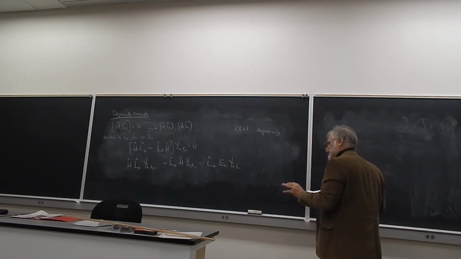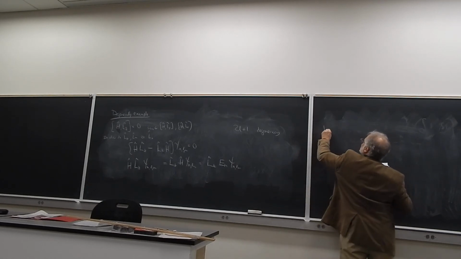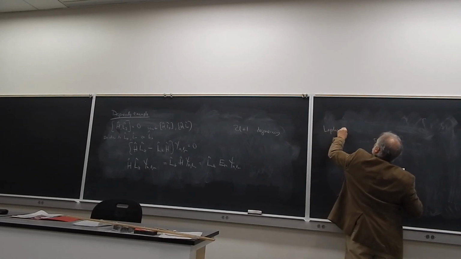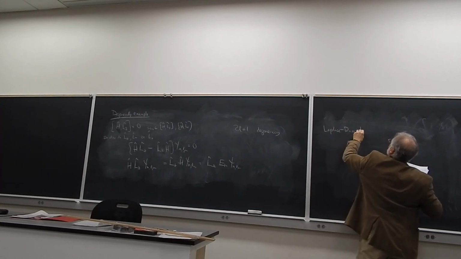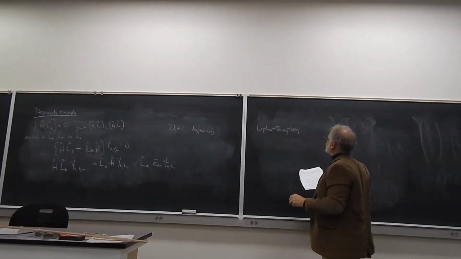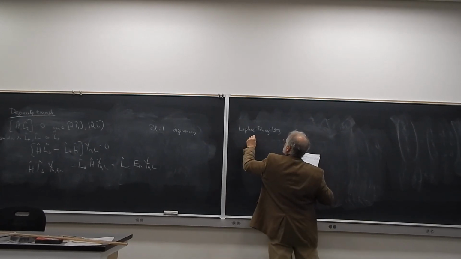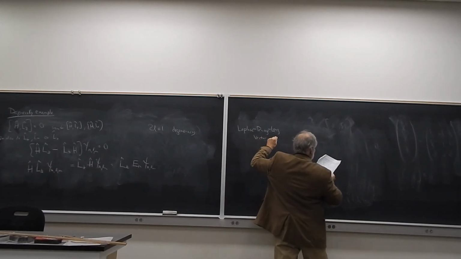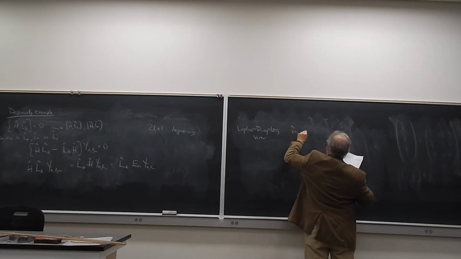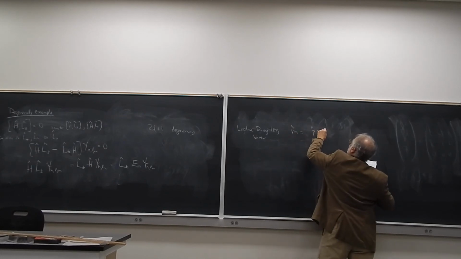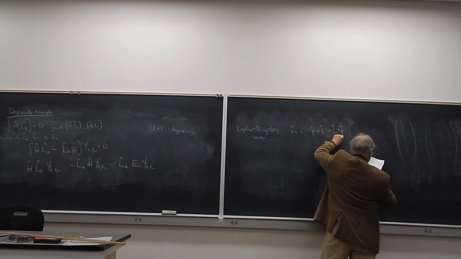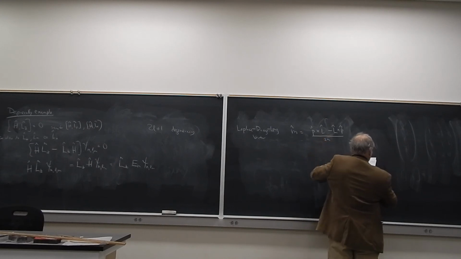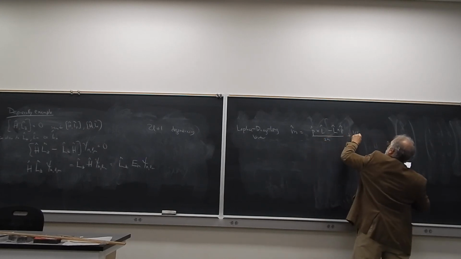The symmetry, just for completeness, is what we call the Laplace-Runge-Lenz vector, and it's written as A equals p cross L minus L cross p, divided by 2m, plus V of r times r.